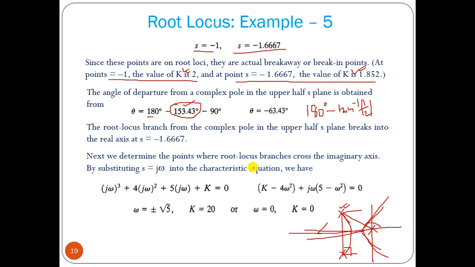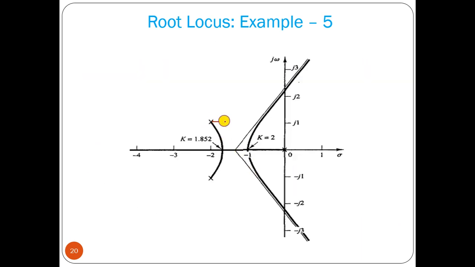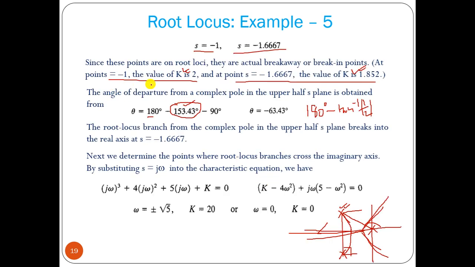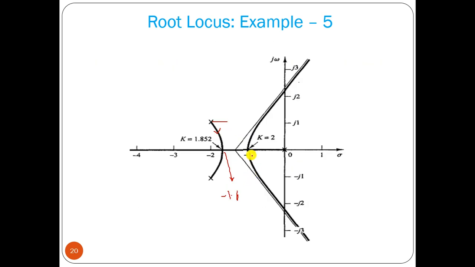Before that, what happened at this minus 63 degrees, it comes here. This is the breakaway point, one breakaway point at minus 1.66, and this is the other breakaway point, that is minus 1. So this pole comes here, breaks away, and goes along the 180 degree line.